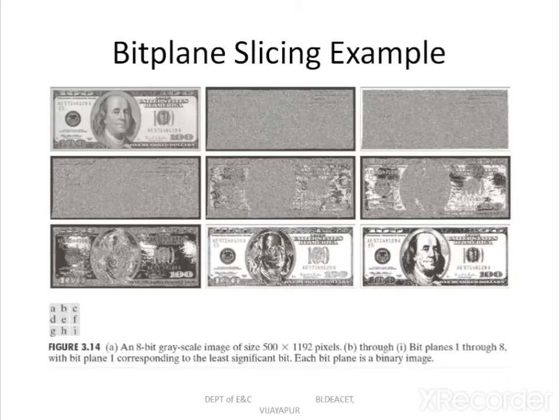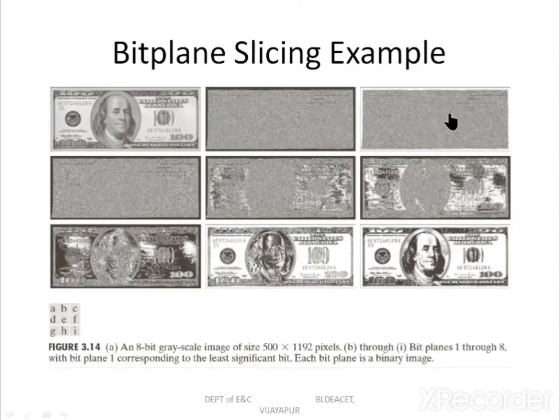If you observe this example, here we have an 8-bit image. Next we have shown bitplane 0, meaning this image is formed by considering only the LSB bits of all the pixels of the 8-bit image.